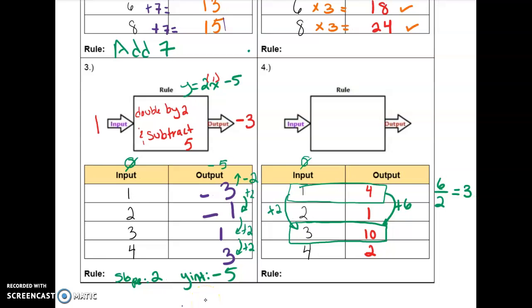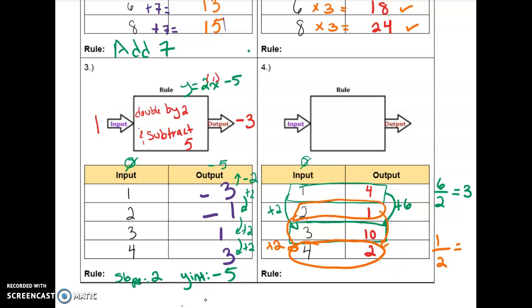So let's actually look at the even ones now. So I have 2 and 1, and 4 and 2. Well, how in the world can I get from 2 to 1 and 4 to 2? Well, I know that I can add here, plus 2, and I can add 1 here. So rise over run.